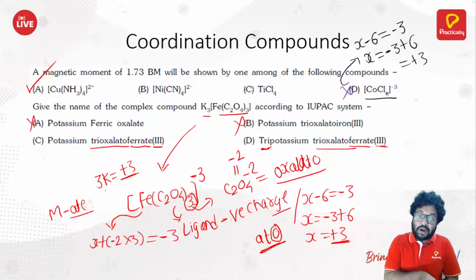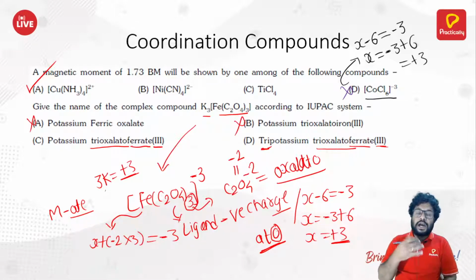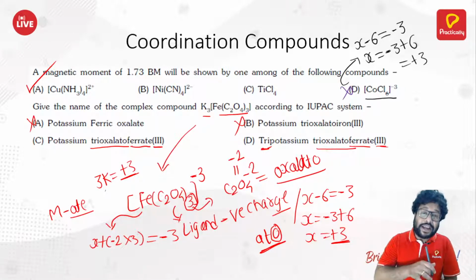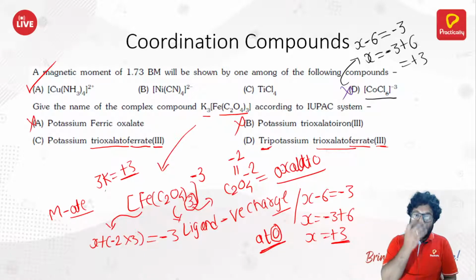Because whenever you say 3 oxalato and you put a charge on iron, from that you can find out the charge on the coordination sphere, and from that you can find out how many positive charges are there. You just need to mention which positive ion is there, for example ammonium, potassium, or sodium, whatever it is.